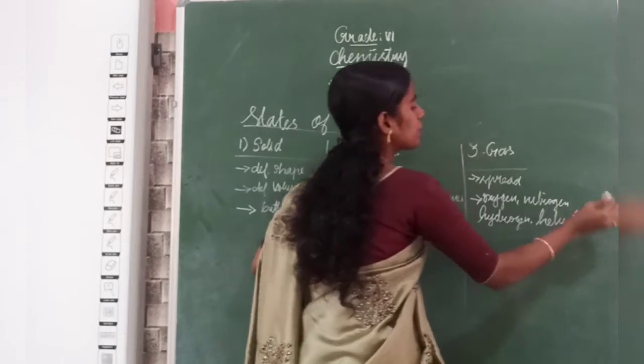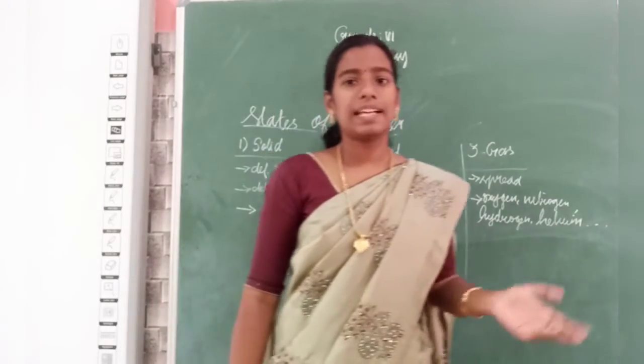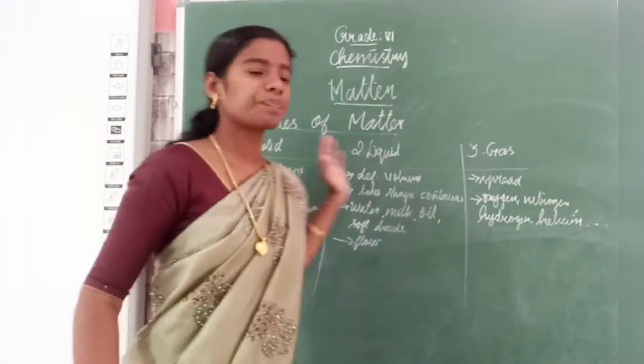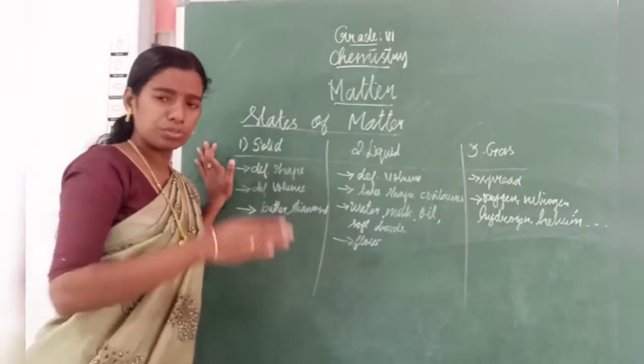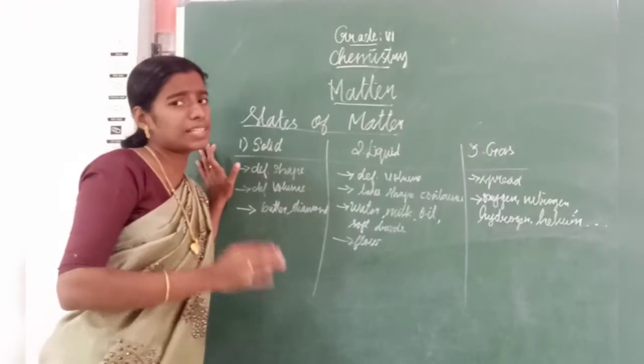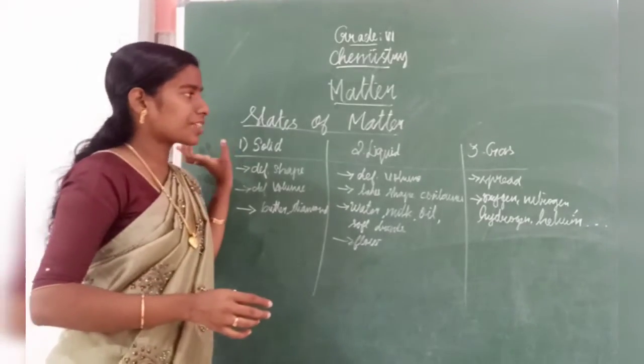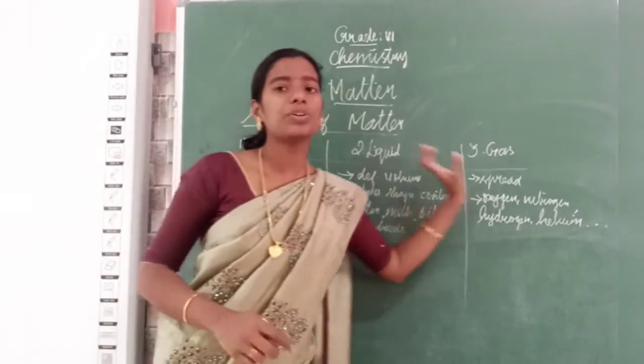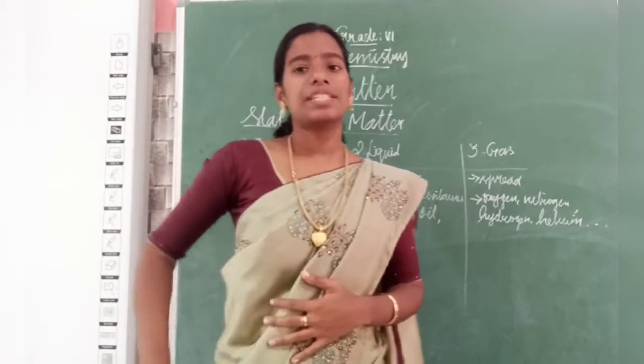These are all examples of some of the gases. Are you clear about this? Go through your book. Just read, it is in simple words, you can easily understand. The three states of matter are solid, liquid and gaseous state.